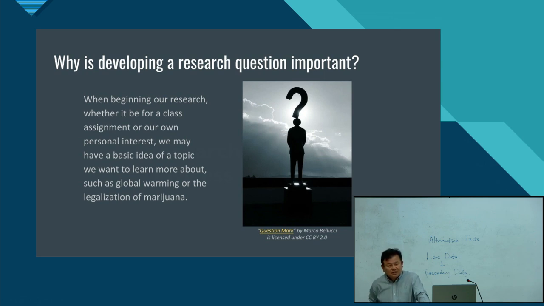It means we cannot understand or interpret everything. So the research question covers a very narrow and limited area. That's the reason for the importance of research questions.